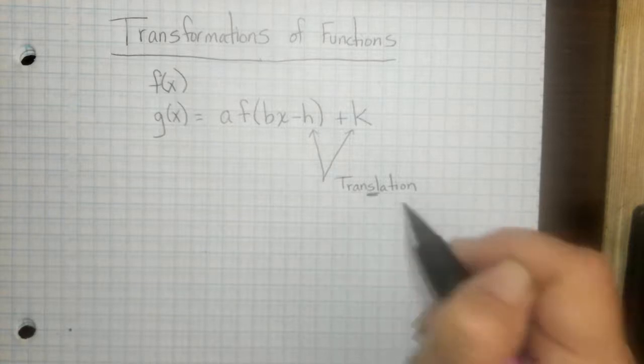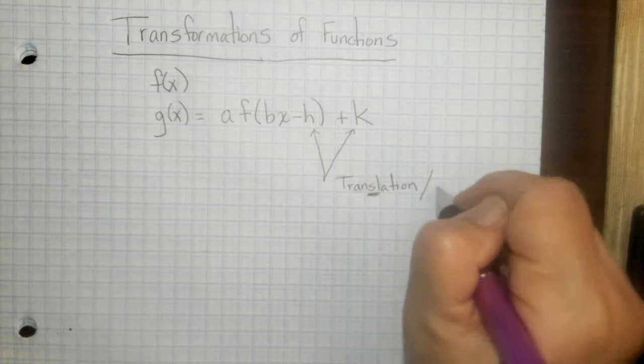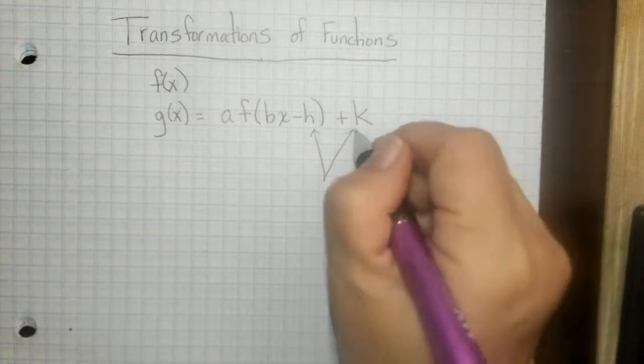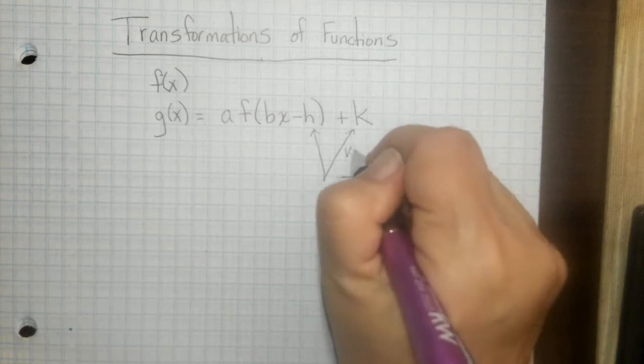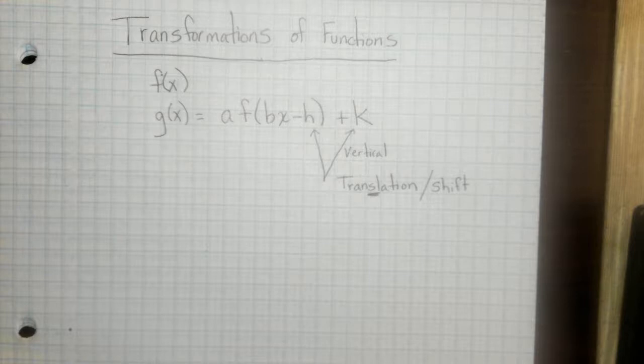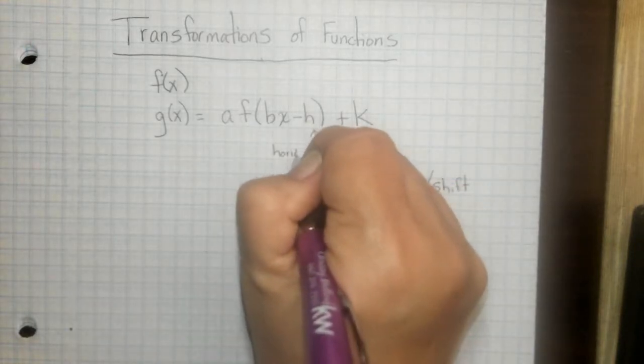That means it will slide. We also call a translation a shift. The k is going to affect a vertical shift, and an h will be horizontal.